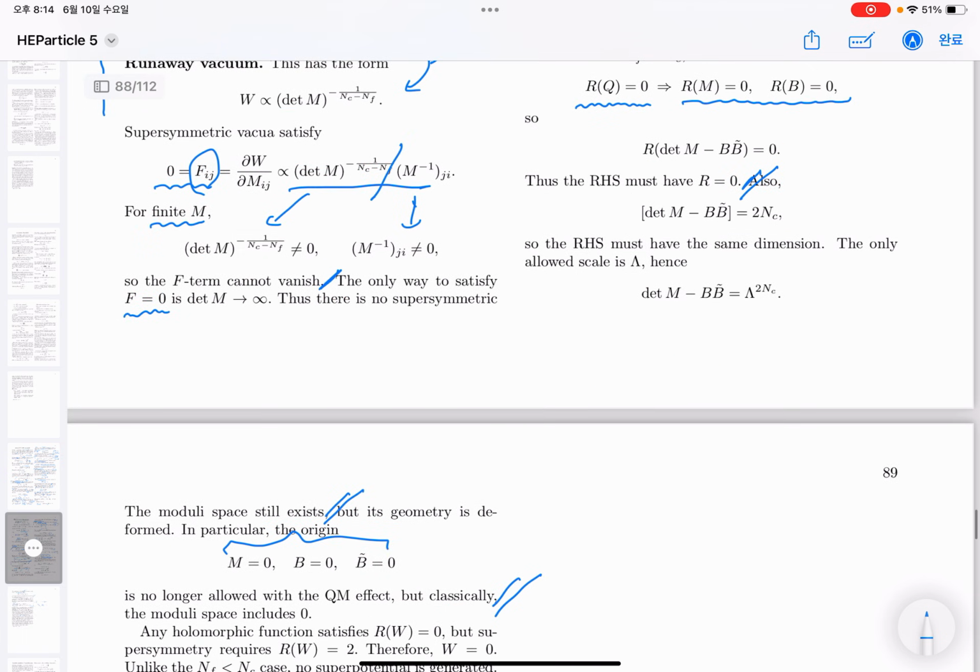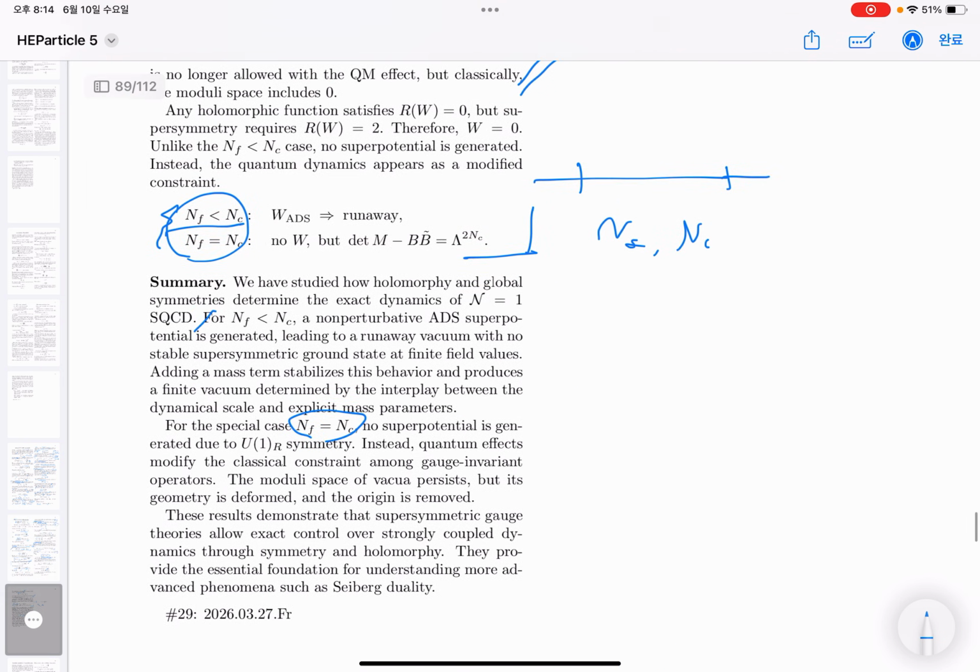So this comes from the quantum effect: the moduli space of vacua still exists, but the geometry is modified and the origin is removed, so there are some strange behaviors that appear in this case.